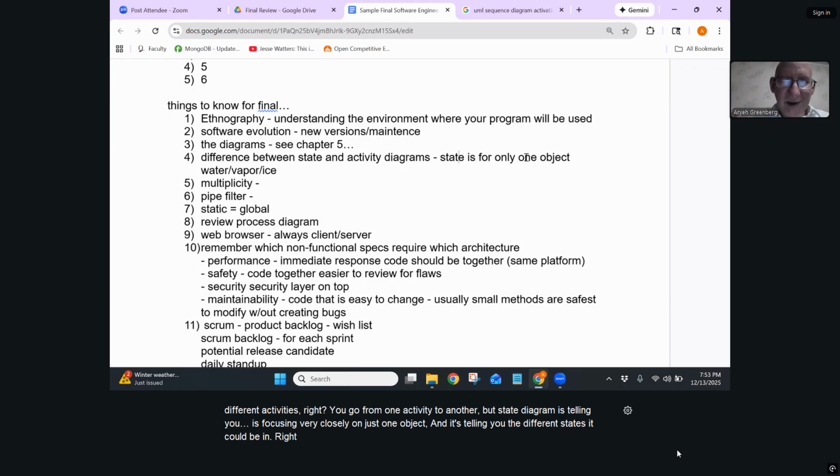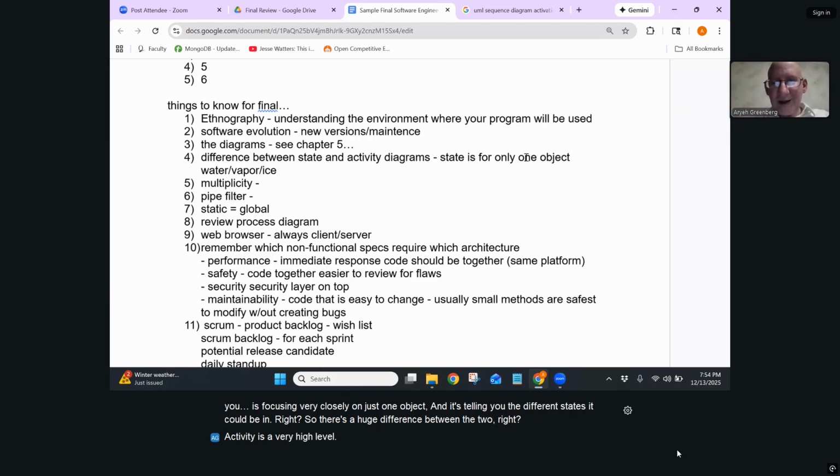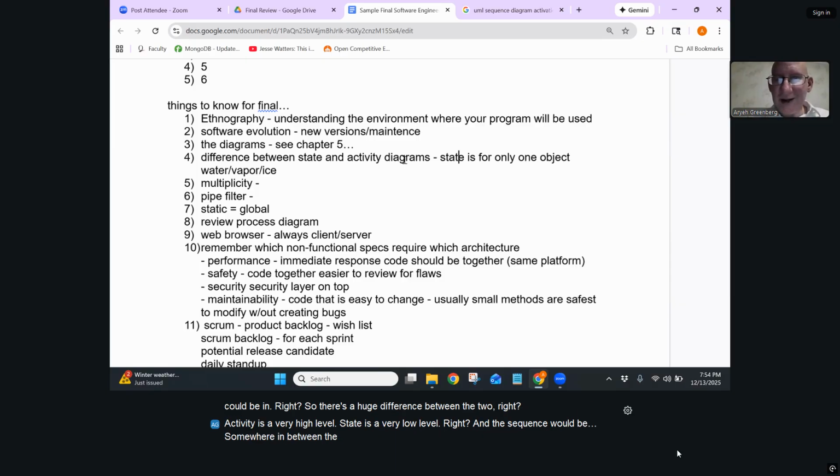Activity is very high level, state is very low level, and a sequence diagram would be somewhere in between, because sequence tells you messages between objects, but activity is not really discussing objects.